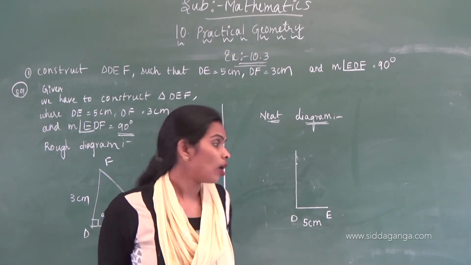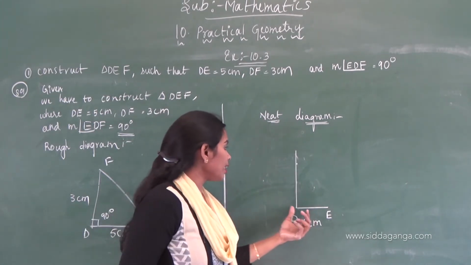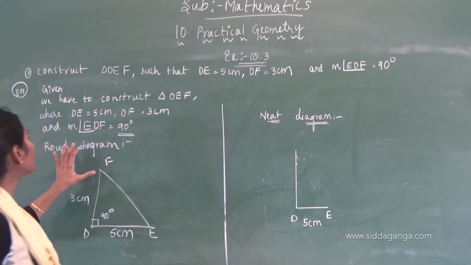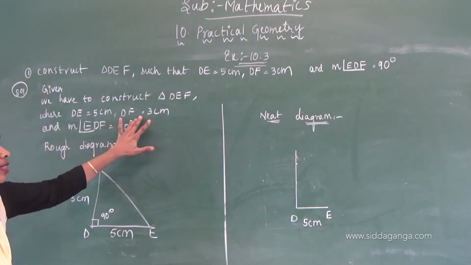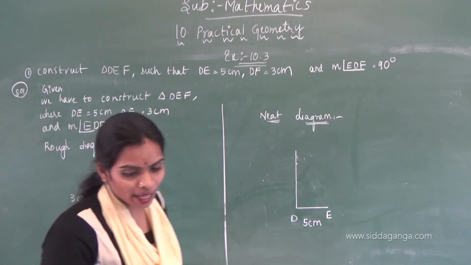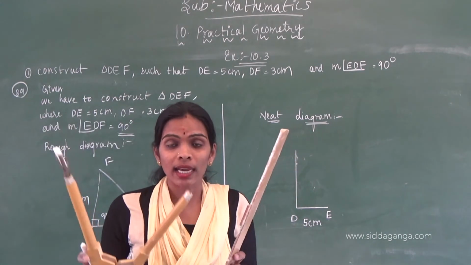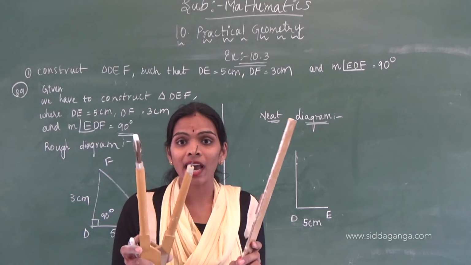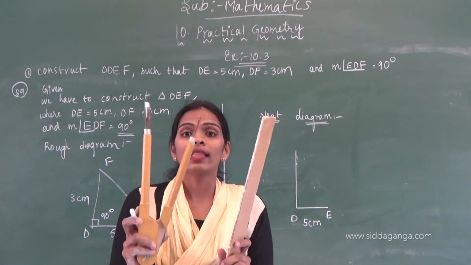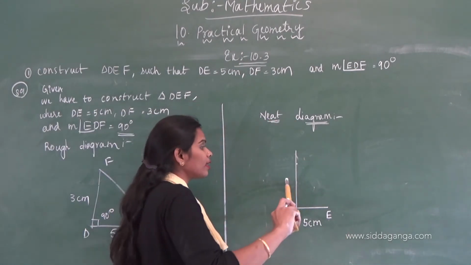Okay. After that, through D, DF equals 3 centimeters. By using the compass, we have to measure the arc of this compass as 3 centimeters, and we have to cut this ray, okay?